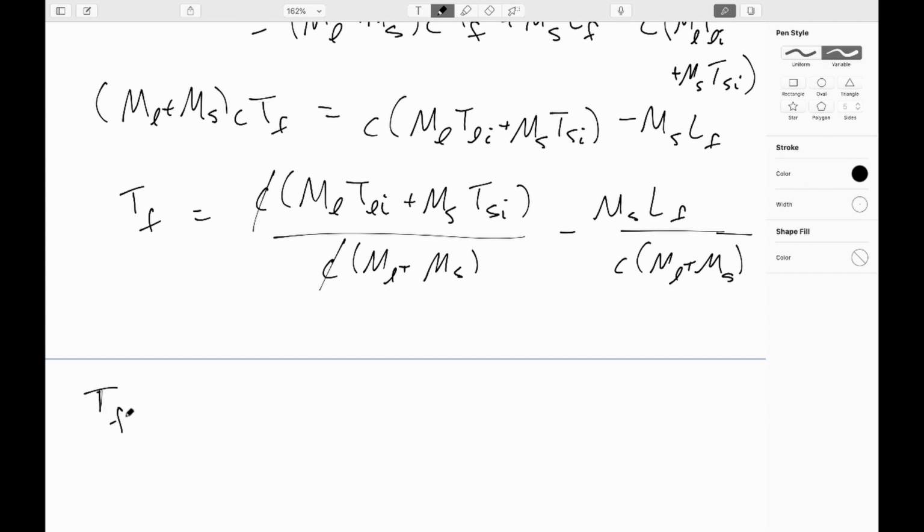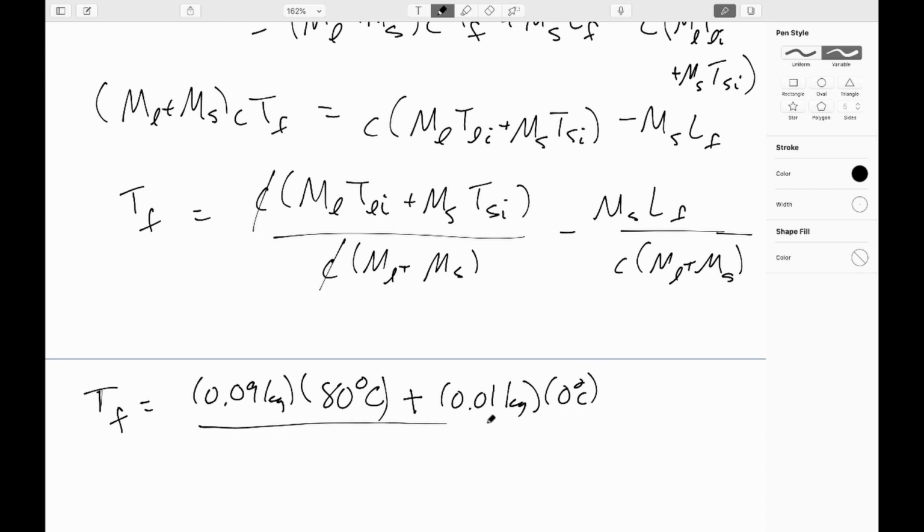So we'll get T final equals, we said that the mass of the liquid was 0.09 kilograms, and the initial temperature of the liquid was 80 degrees C. All right, then plus the mass of the solid was 0.01 kilograms times 0 degrees C. And again, if you want to convert it all to Kelvin, that's fine.